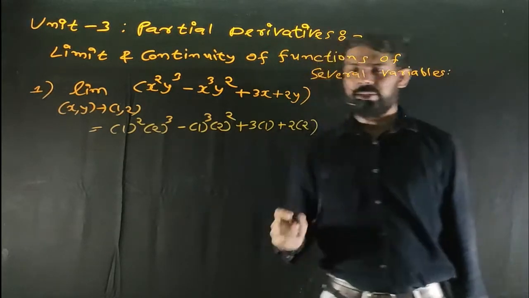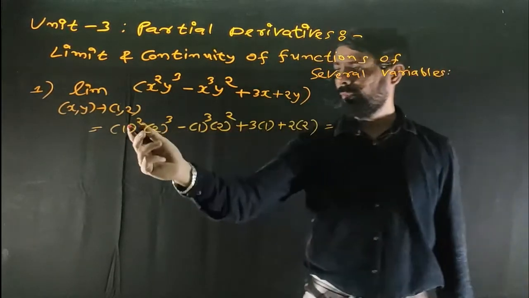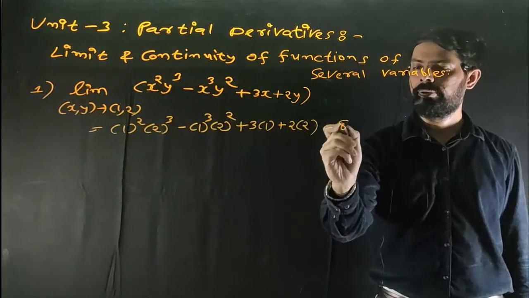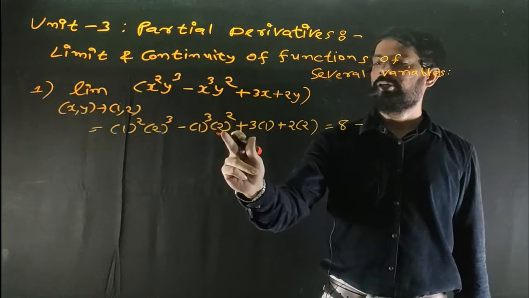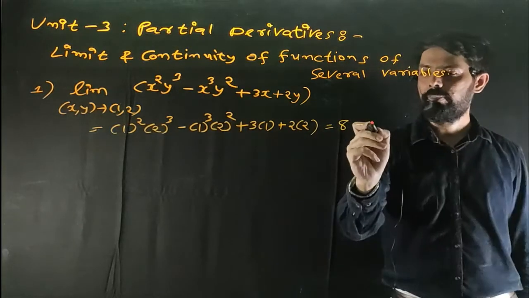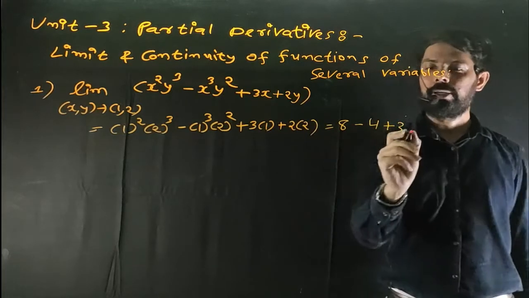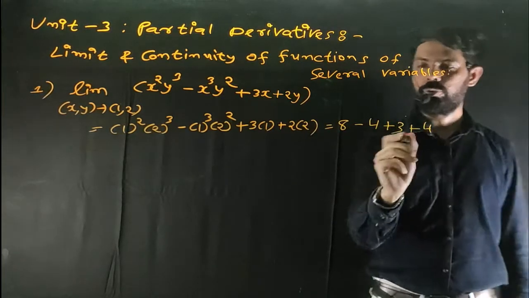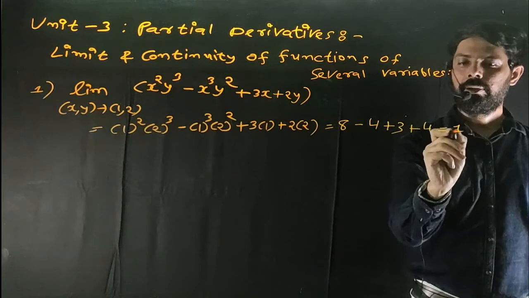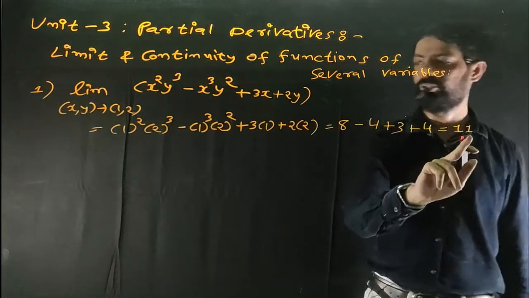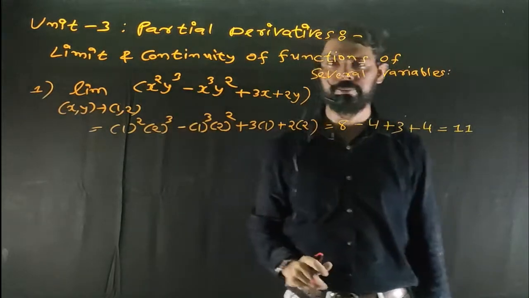Simplifying, 1 square is 1 and 2 cube is 8, so 1 into 8 is 8, minus 1 into 4 because 2 square is 4, so minus 4, then plus 3 and plus 4. So this will be 11, because 8 minus 4 plus 3 plus 4 is 11. So this is the answer of this question.